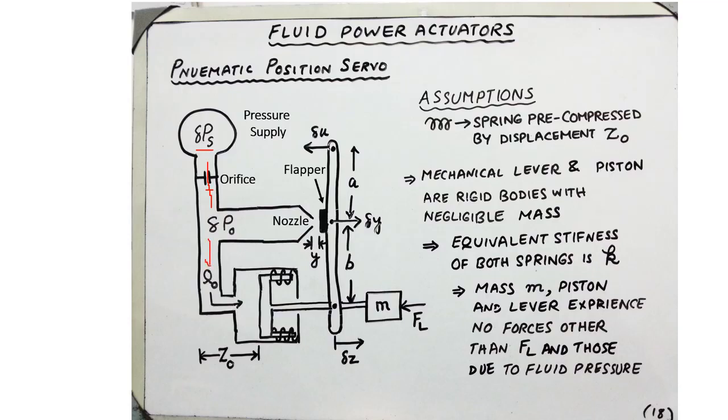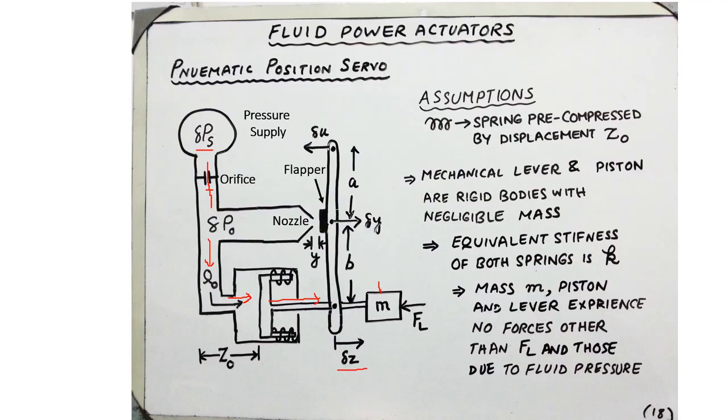One is that it goes down here into a piston cylinder and tries to push this piston forward to the right hand side, in which case this is going to cause displacement of this mass, that is delta Z as shown here.